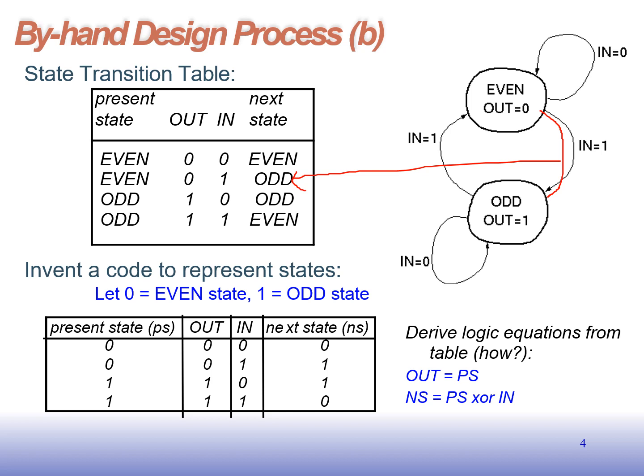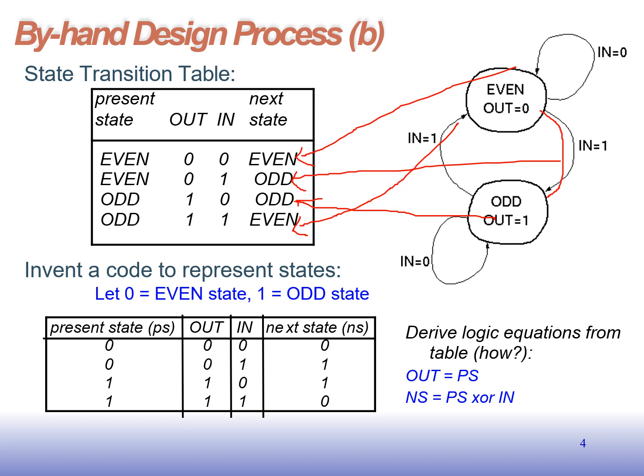If it is odd, the output is 1, the input is 0, and it will retain the same place. You take odd, and if the input is given as 1, the output is 1. Where will it go? It goes to the next state, that is this part. So this is given in the first one.